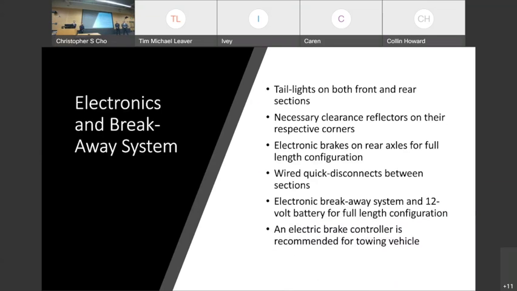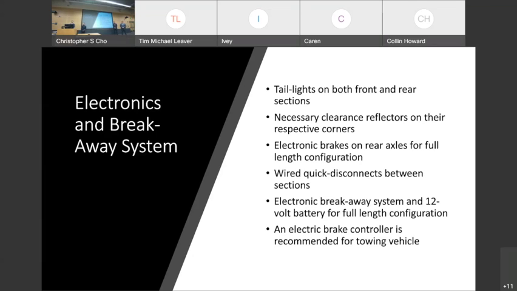Also, we chose electric brakes, and these will need to be on the rear axle because brakes are required in the full length trailer configuration since they'll be rated for higher weights. Also, we've added a disconnect between the sections so we can easily hook up the wiring from the back trailer section to the front, and then into the vehicle.